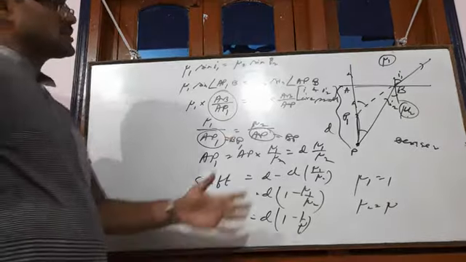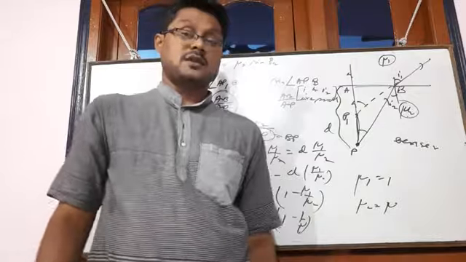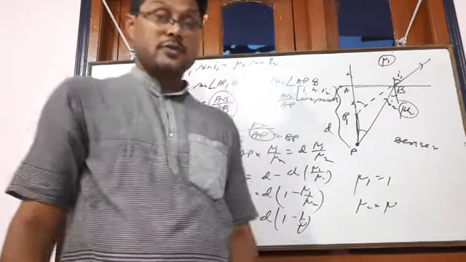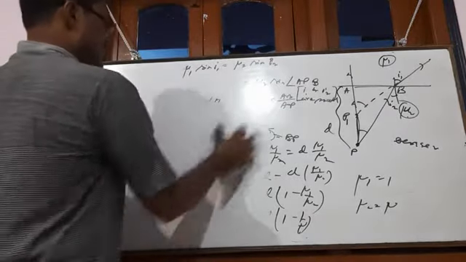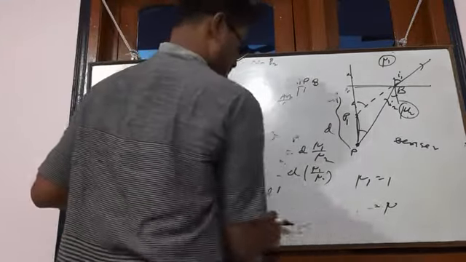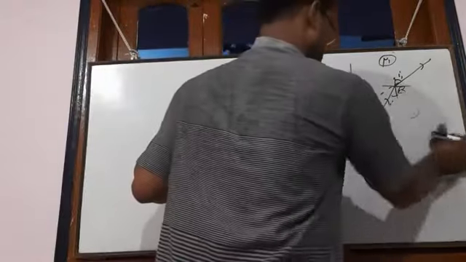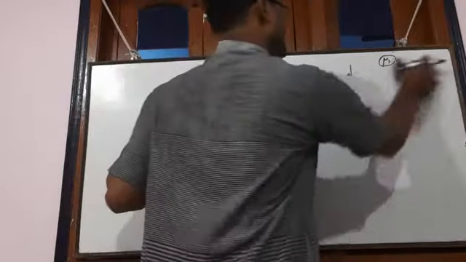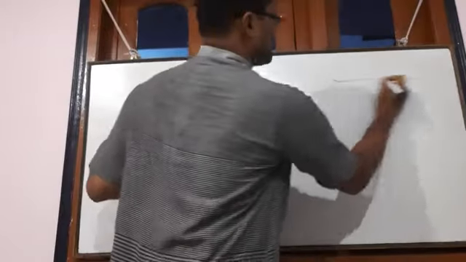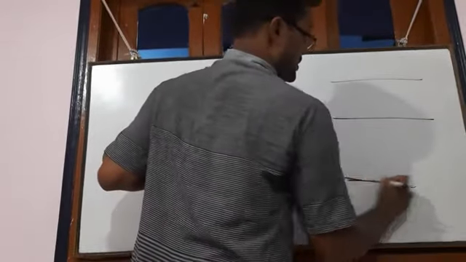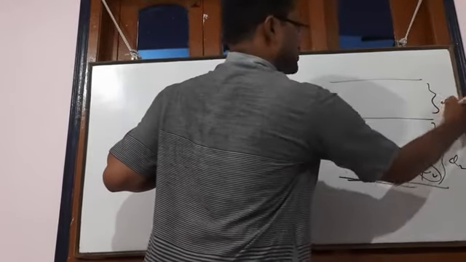Now if instead of one medium, multiple media are present, so multiple refraction is there, then how can we find the apparent position? Let us have two media. This one is d2 and the refractive index is mu2. Here it is d1, and the refractive index is mu1.